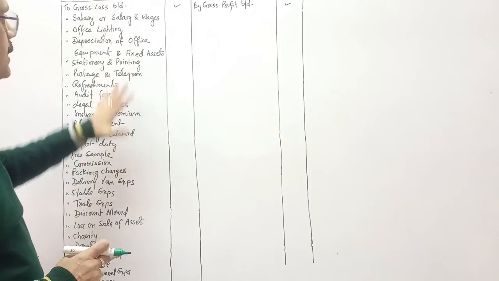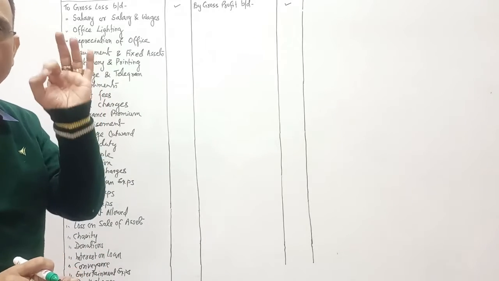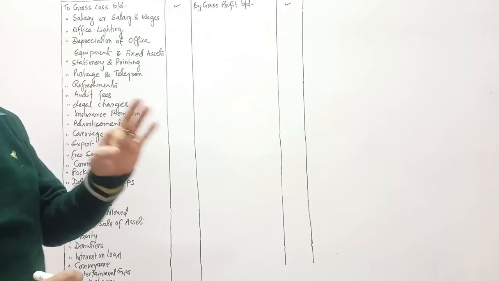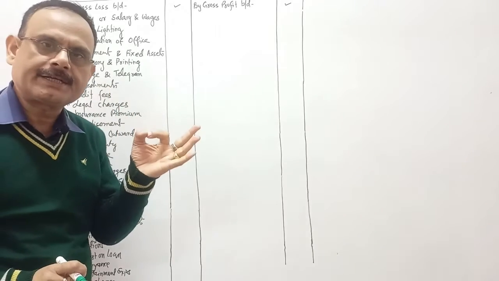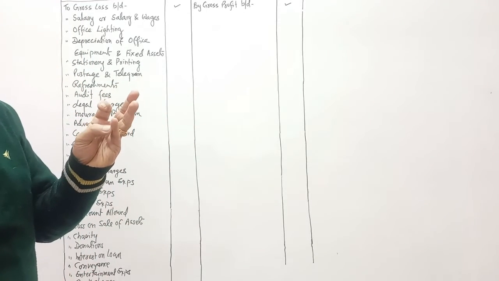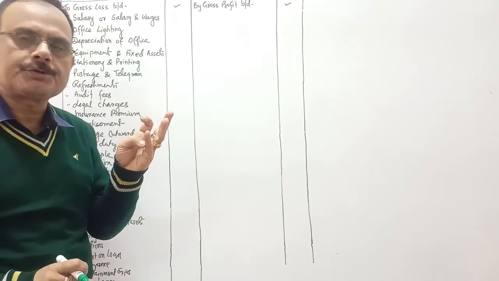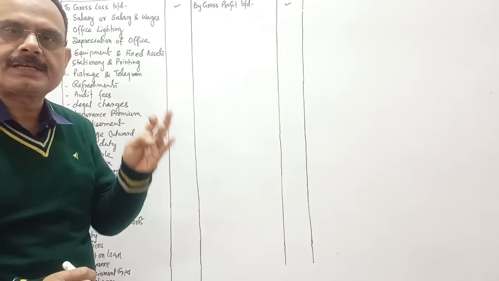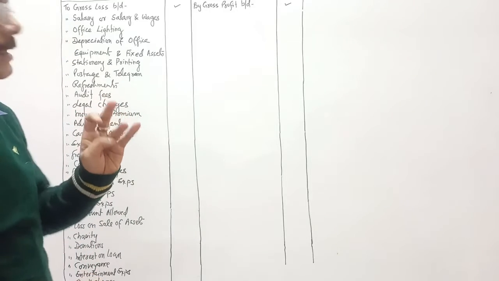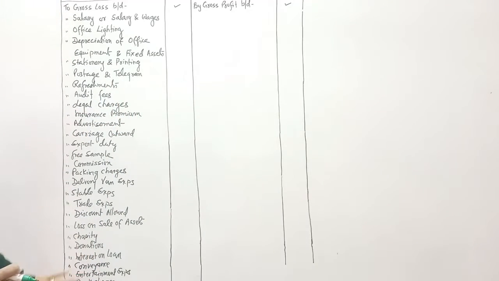In the profit and loss account debit side we will write all indirect expenses and losses. So you write all these things over here on the debit side.